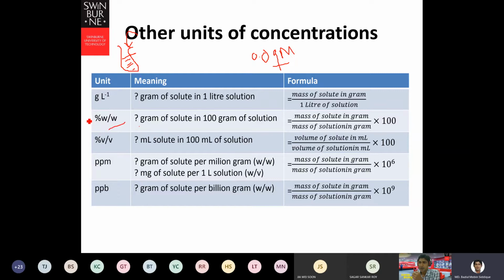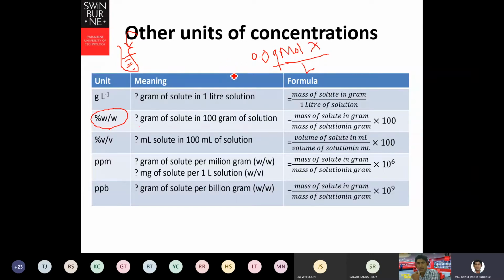So I'm talking about gram, weight by weight percent. From molarity, or from mole per liter, how can I convert it to weight by weight? So 0.09 molar means 0.09 moles per liter. So 0.09 moles of ethanoic acid will be how many gram? How do we find it?